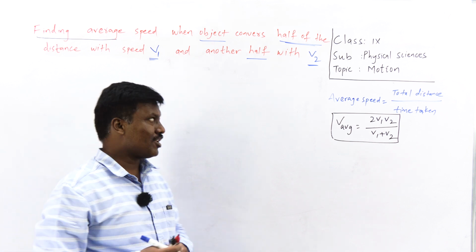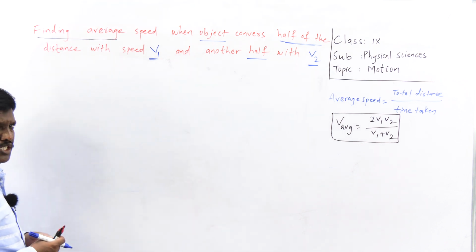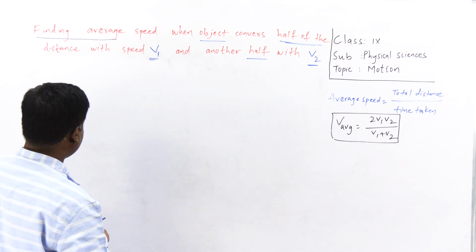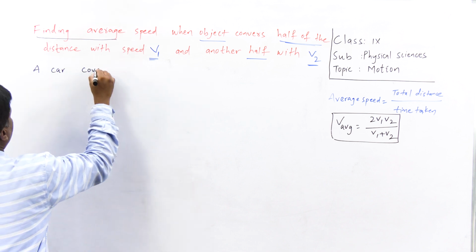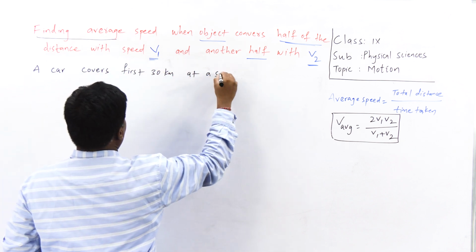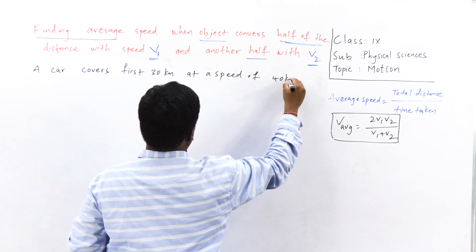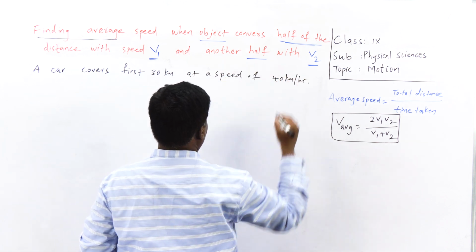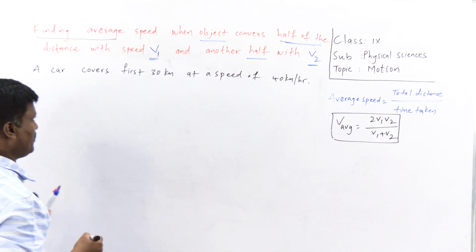We will solve another problem related to average speed. Let's say a car covers the first 30 kilometers at a speed of 40 km per hour. This is the speed of the car during the first 30 kilometers.